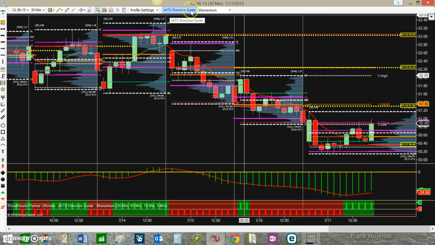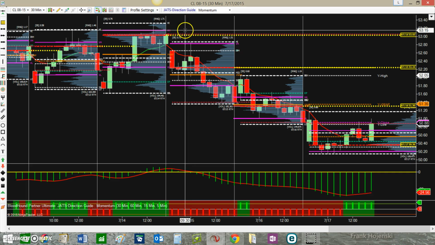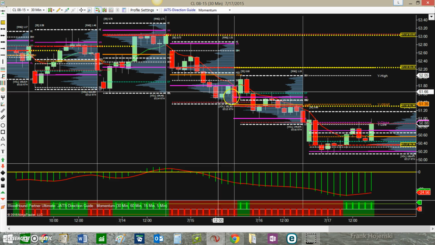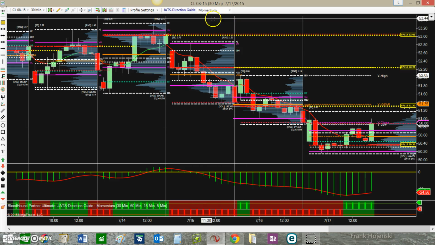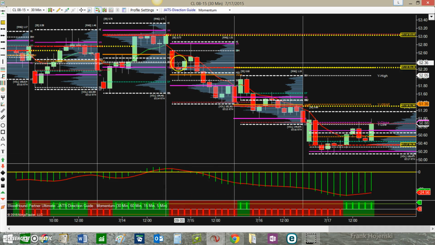And this direction guide is an indicator that will help you determine that direction within the value areas of the market profile that you need to be trading. So the general momentum filter is what you want to be trading in.